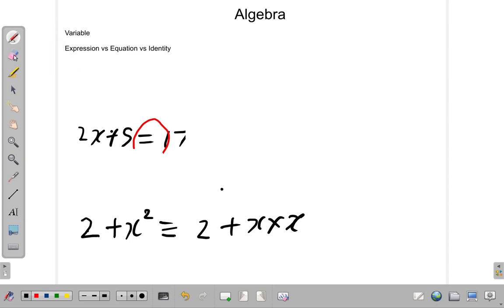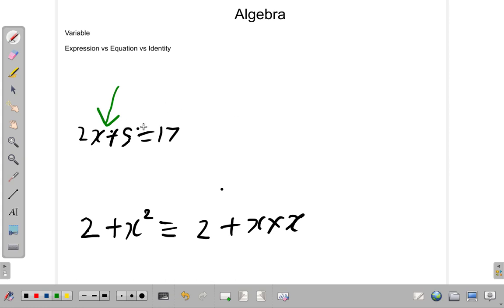This is our equation. We said 2x plus 5 equals 17. Now the question is, which number could you put here to satisfy this equation? We could solve this, but we're not going to solve it today.